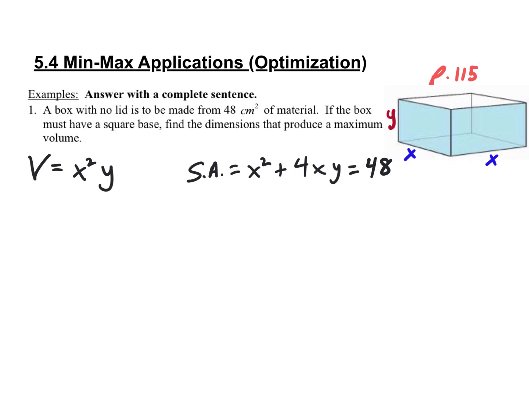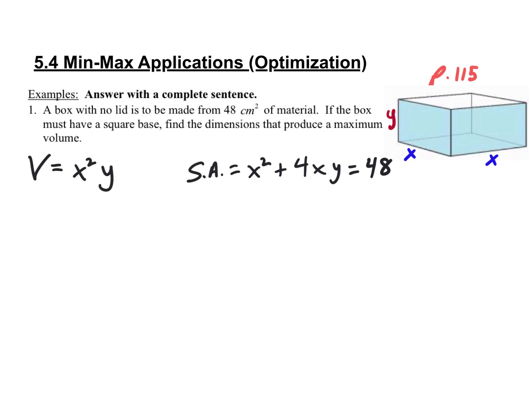Now, here's where sometimes it can get confusing. Which equation do I need to isolate a variable in, and which equation do I need to insert it into, right? Because at some point I'm going to take these two equations and combine them together. So first off, we can answer this first question with no regard to which equation we're going to use.